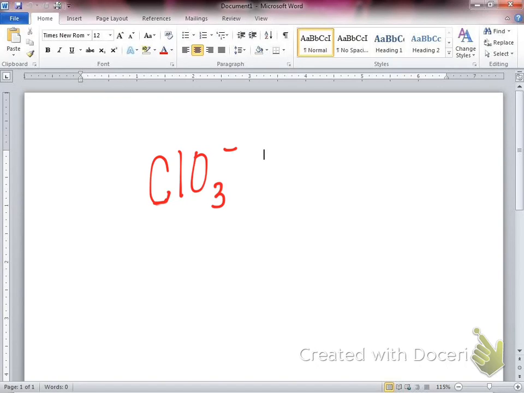So, which element should we start with here? We should start with oxygen, since we know oxygen's oxidation number is always -2, which means the total for those oxygen atoms has to be. Okay, now here's where the change comes in. Our overall charge on the molecule is -1, which means we want this bottom to add up to -1, right? -1.